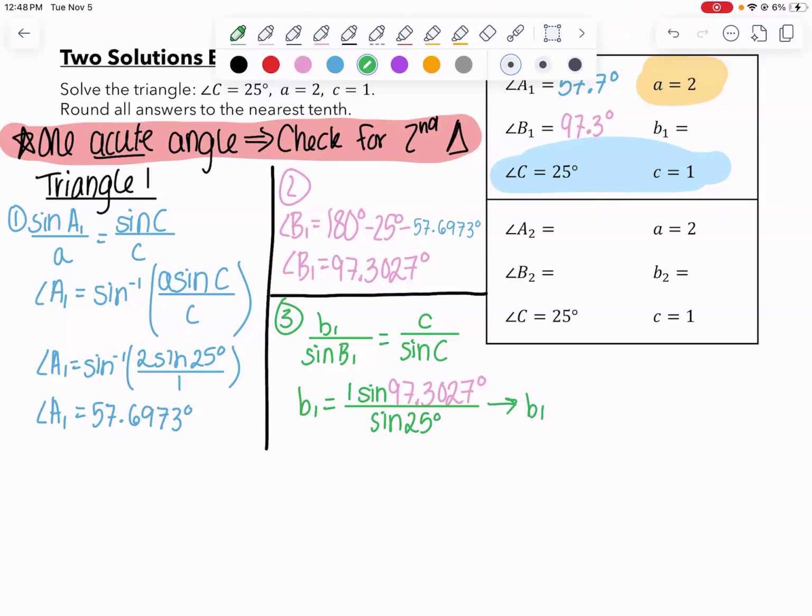If you plug this into your calculator, you'll get, after rounding, 2.3.